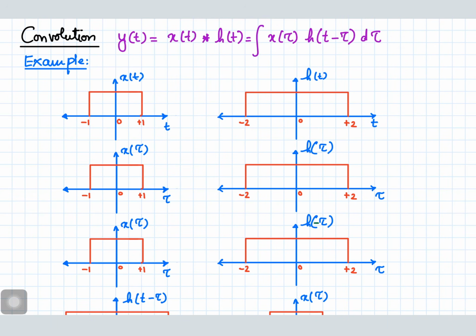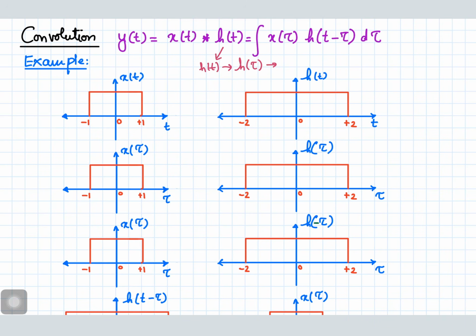I will consider x of tau into h of t minus tau to find out the convolution of two signals x of t and h of t. Basically, you are going to take the signal h of t and work out h of tau, simply replacing time with tau.